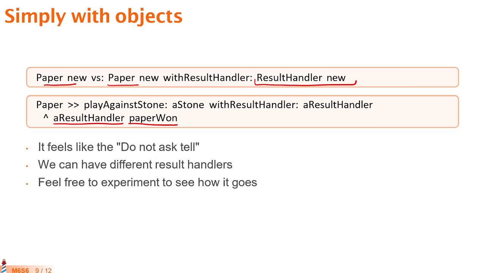To me, this solution feels more like a do not ask, tell. I'm saying to the result handler, please do something, and I'm not forced to ask myself what I should do. From that perspective, we could have different result handlers: one that just accumulates results, and others that do statistics or things like that.